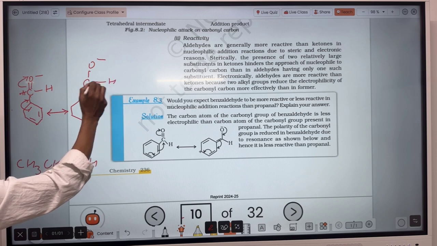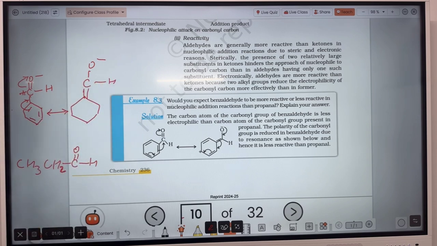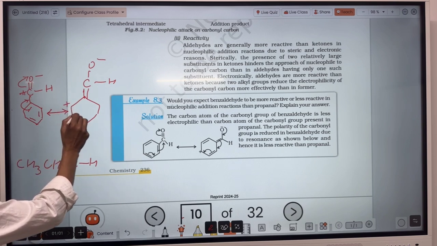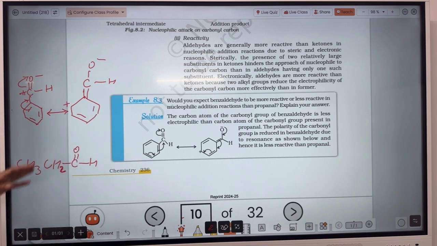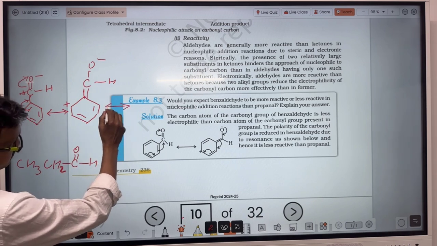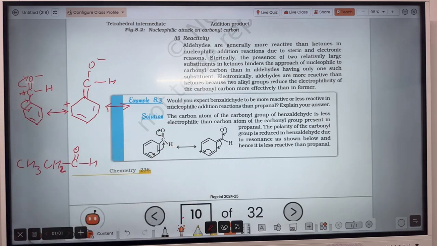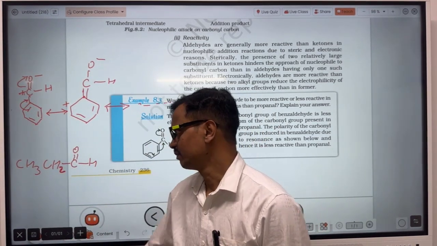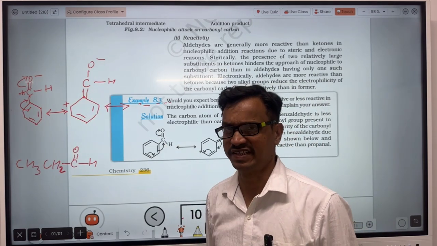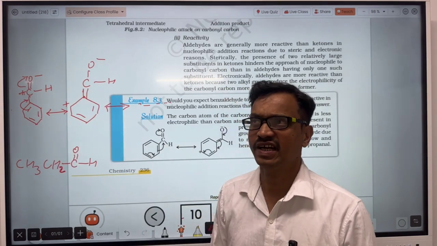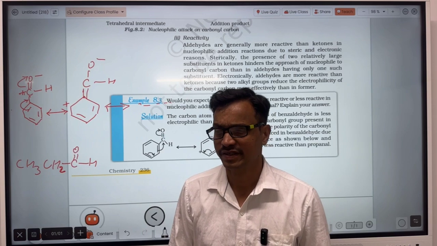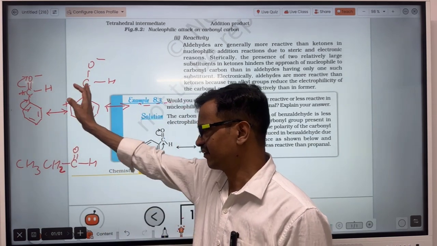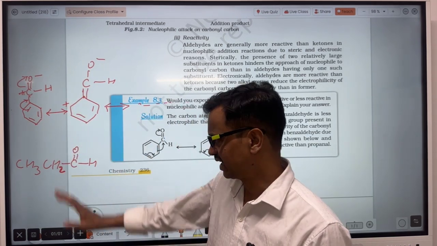The positive charge on this carbon atom will diminish, and then there will be resonance. Resonance will continue. So benzaldehyde is less polar due to the minus R effect of the phenyl group.